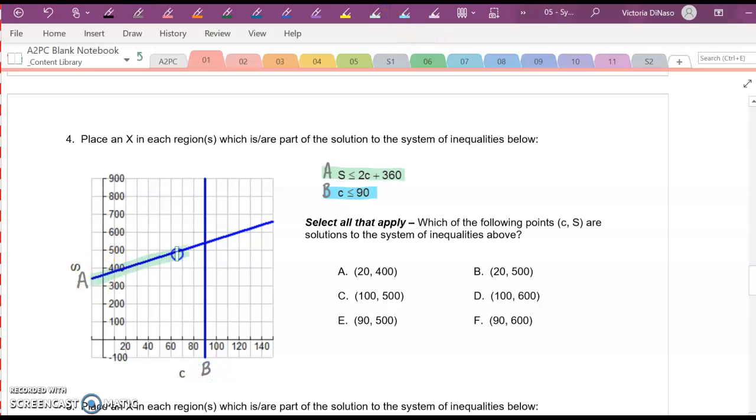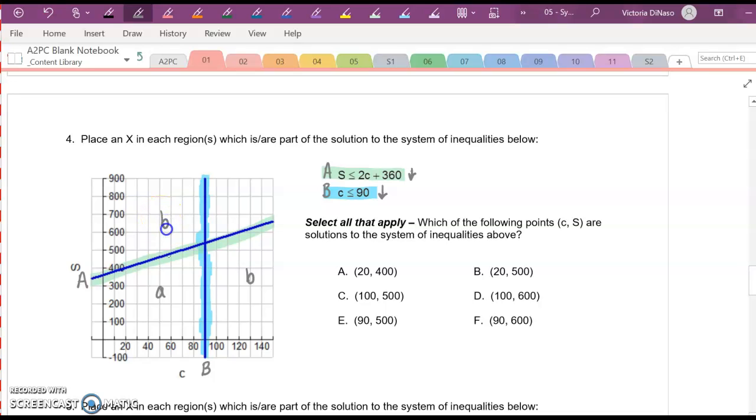I'm going to go ahead and highlight each of the lines that we have. For letter A, my A line, we're shading below this line, so I'm going to go ahead and put an A and an A. For letter B, we're shading below this line. And below this line means more in the negative direction.